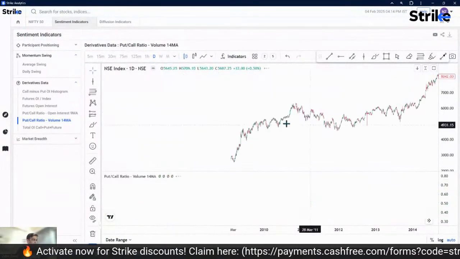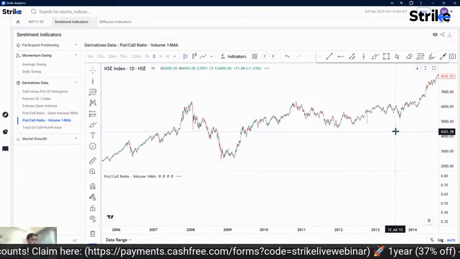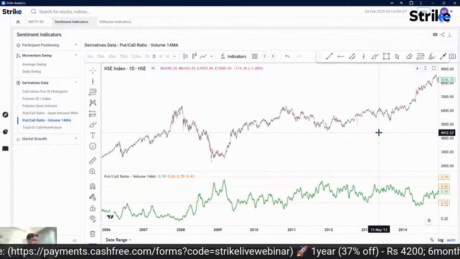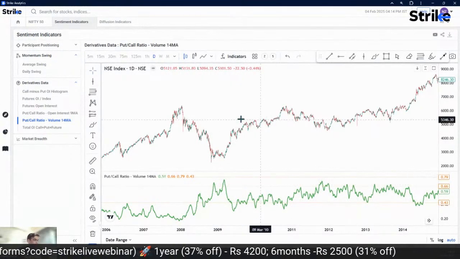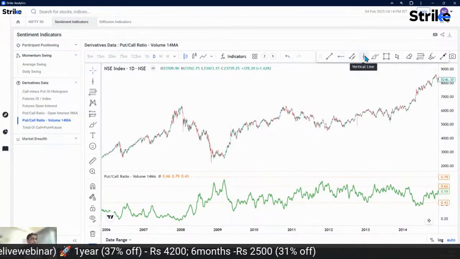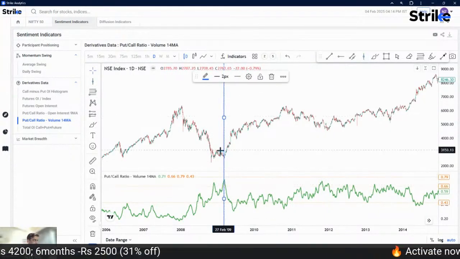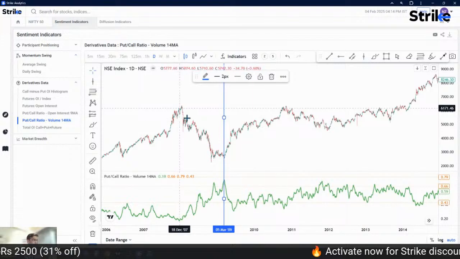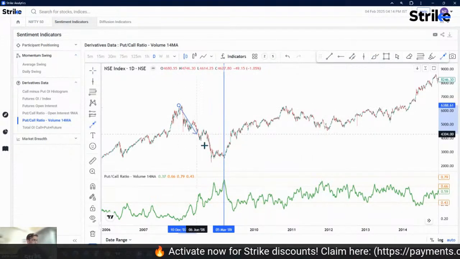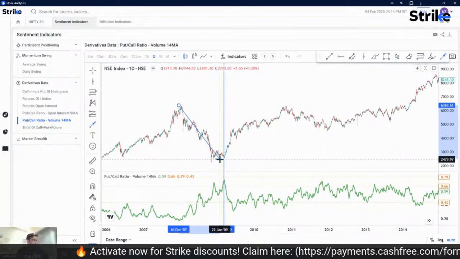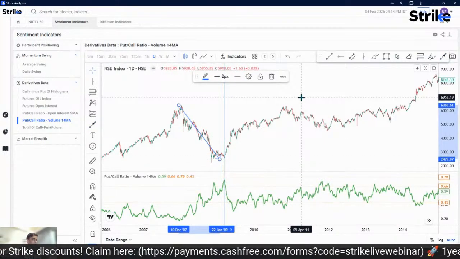Look at this. In the past as well, since we have this data from a long time ago, whenever this indicator has gone to an extreme, you saw some nice bottom after the 2008 crash. After the 2008 crash, this indicator went to a top extreme reading, and from there we saw a great recovery.